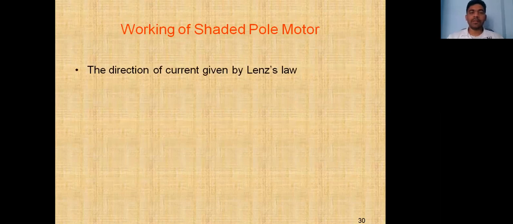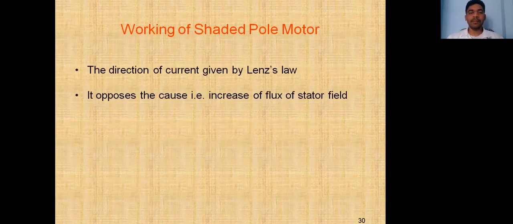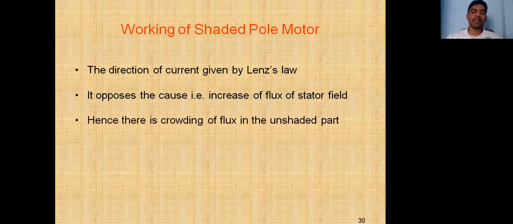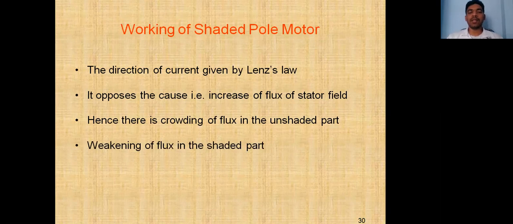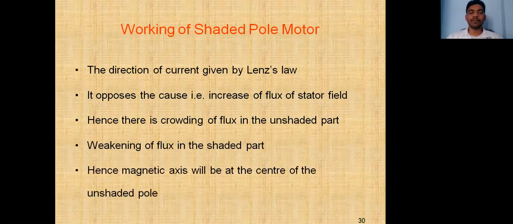The direction of current is given by Lenz's law to oppose the cause, that is, the increase of flux of the stator field. Hence there is crowding of flux in the unshaded part and weakening of flux in the shaded part. Hence the magnetic axis will be at the center of the unshaded pole.